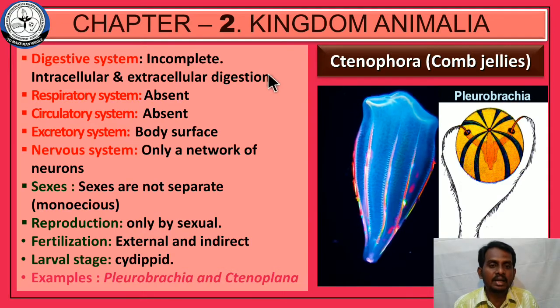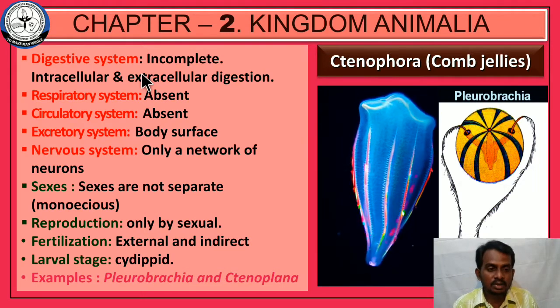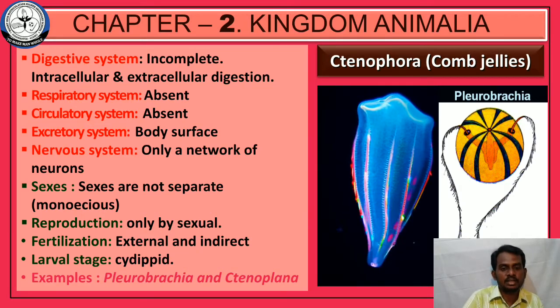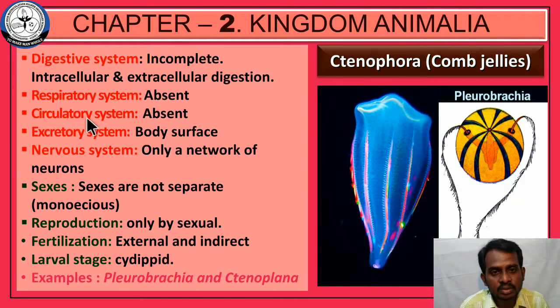And both intracellular and extracellular digestion occur. Cnidarians also have two types of digestion, intracellular and extracellular, and Ctenophora also has two types of digestion. One is intracellular digestion, another one is extracellular digestion. And no respiratory system, no circulatory system, but excretion takes place through the body surface.